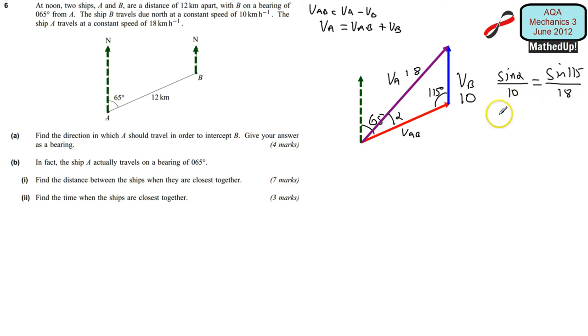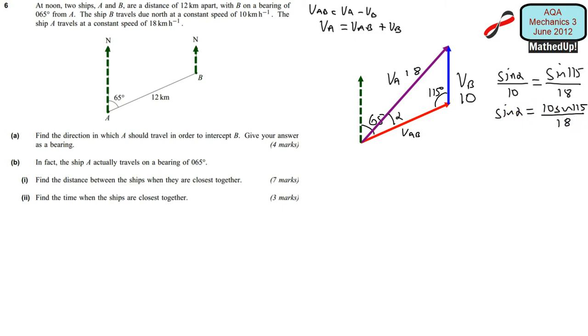So sine alpha is equal to 10 sine 115 over 18.